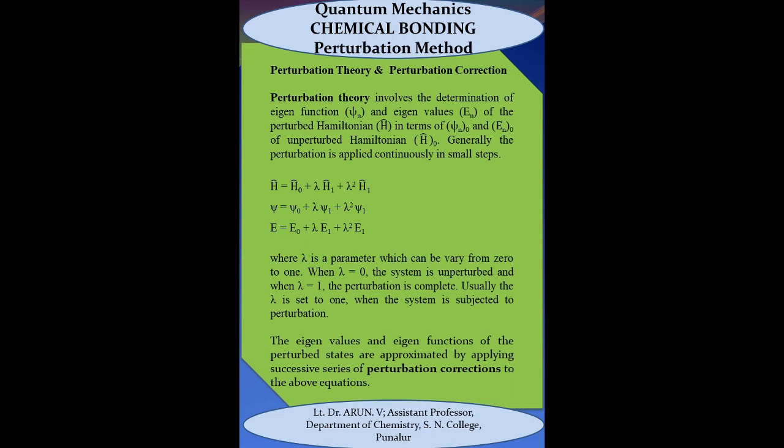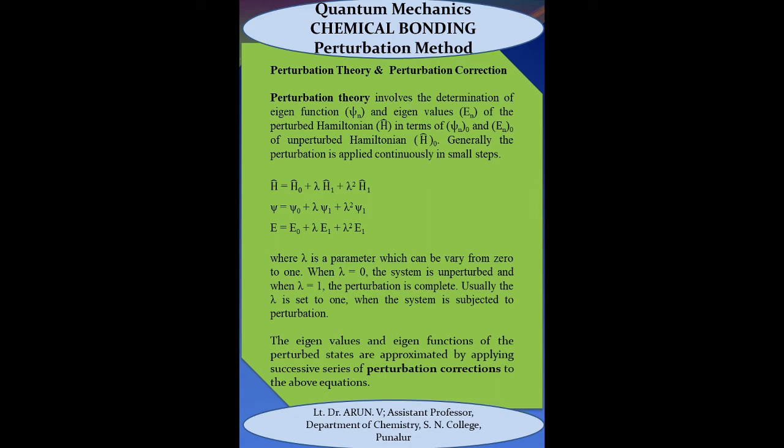Next, what is perturbation? How can we calculate the perturbation correction? Perturbation theory involves the determination of eigenfunctions and eigenvalues of the perturbed Hamiltonian H cap in terms of the eigenfunctions and eigenvalues of the unperturbed Hamiltonian H cap 0. Generally, the perturbation is applied continuously in small steps.